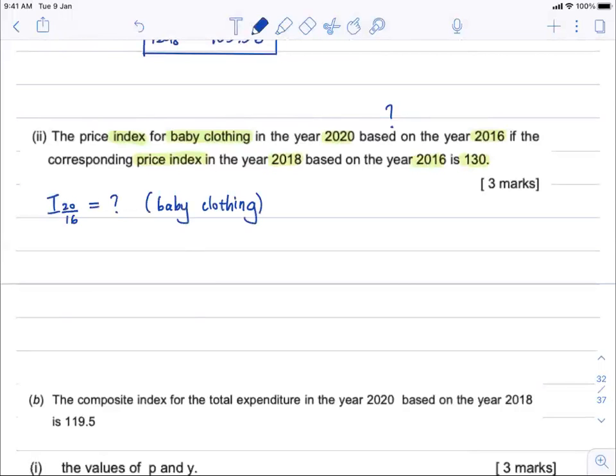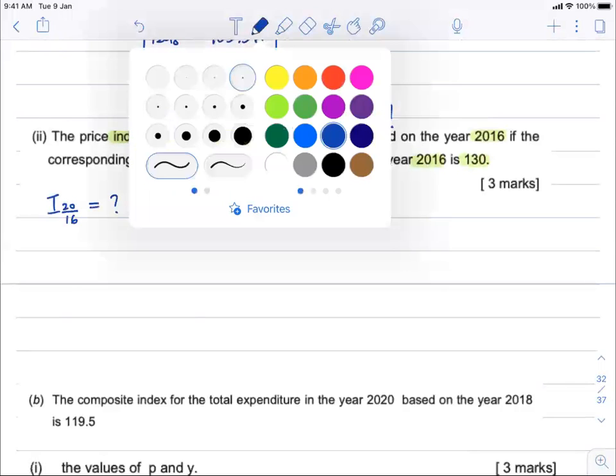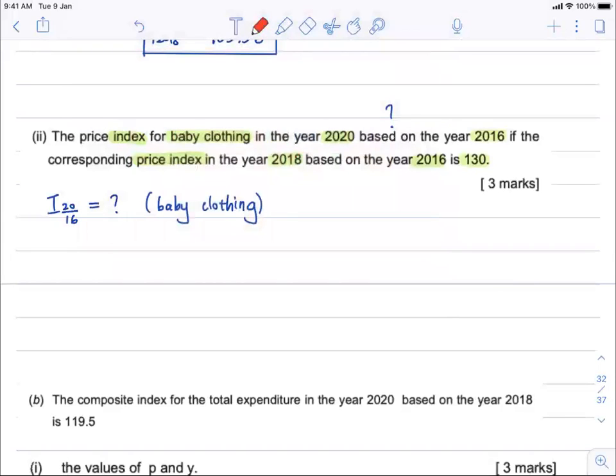So to solve this problem, we can apply this thing that looks a bit similar to chain rule. To find I 20 over 16, it will be equal to I 20 over 18 multiplied by I 18 over 16 divided by 100.